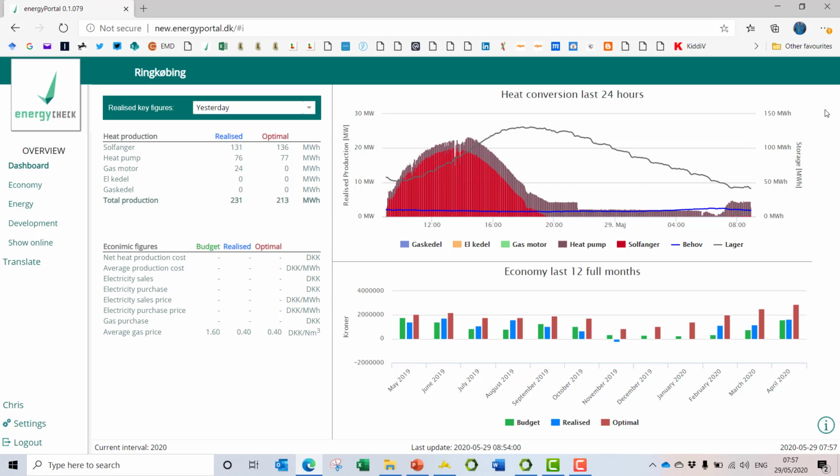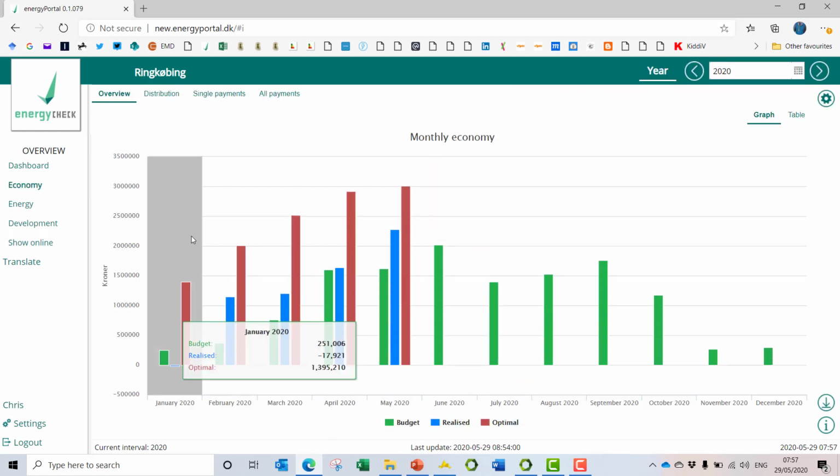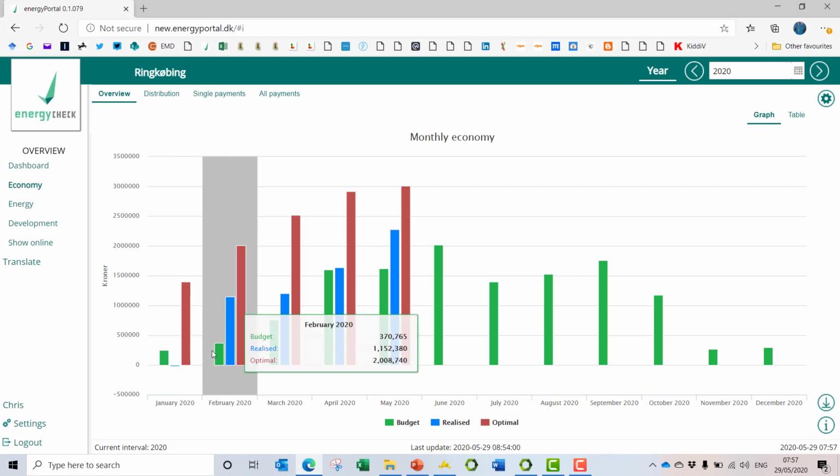But the idea with this system is that you can, let's delve into a bit more detail in terms of the financial picture. You can set a budget at the beginning of the year, which here is shown in green. So for January, you can see that through each month. And then the blue is how much money you've actually made in that particular month.